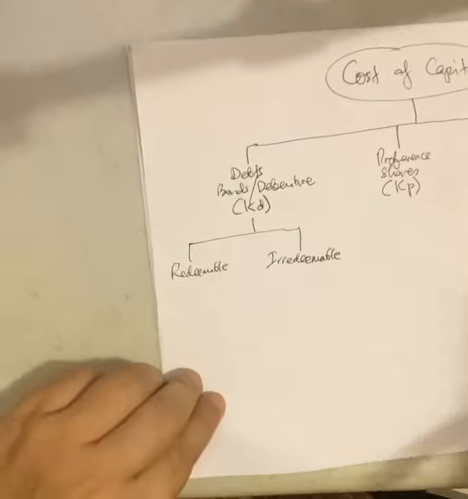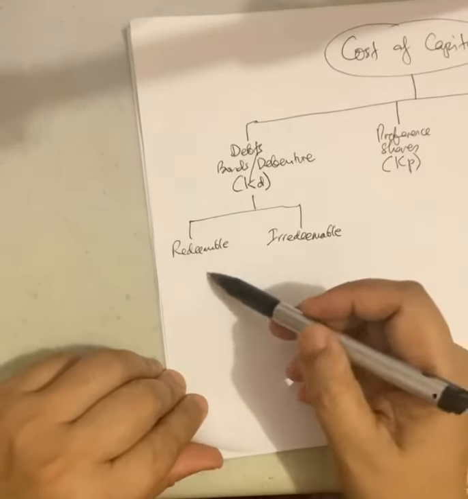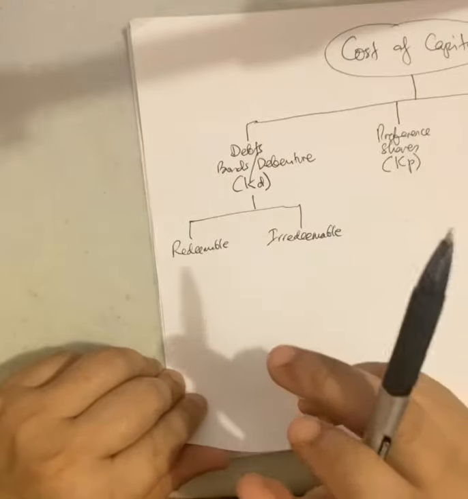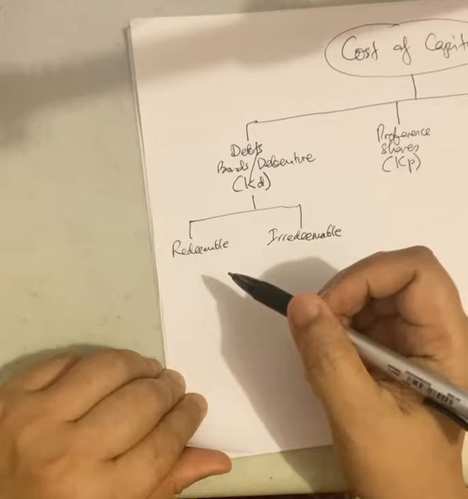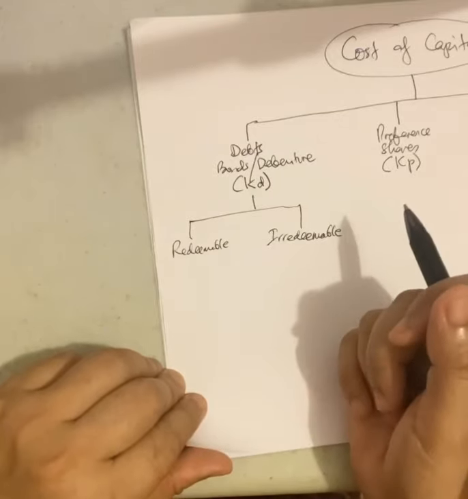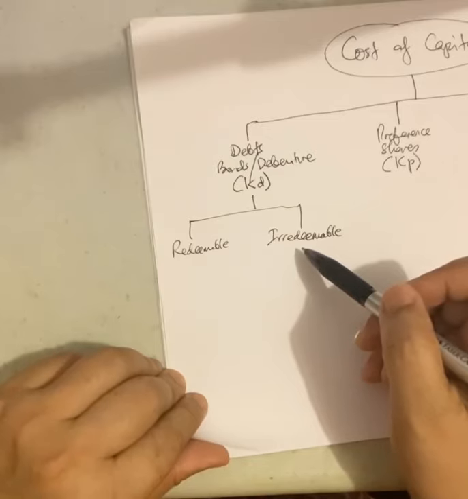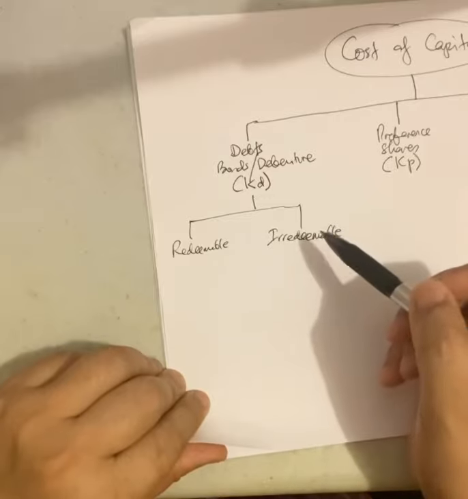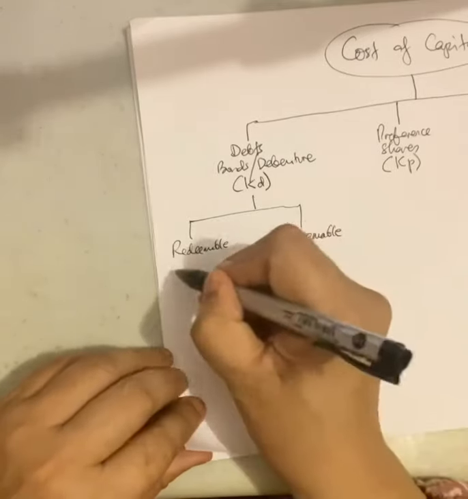You must know how to distinguish these two, because for the redeemable, the redemption period must be specified, for example, 10 years or 5 years or 8 years. But for irredeemable, it can be redeemed anytime. So there is no specific redemption period for this one.